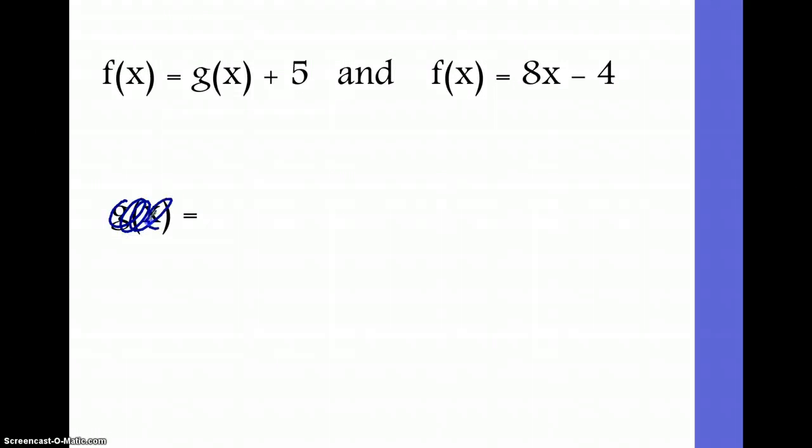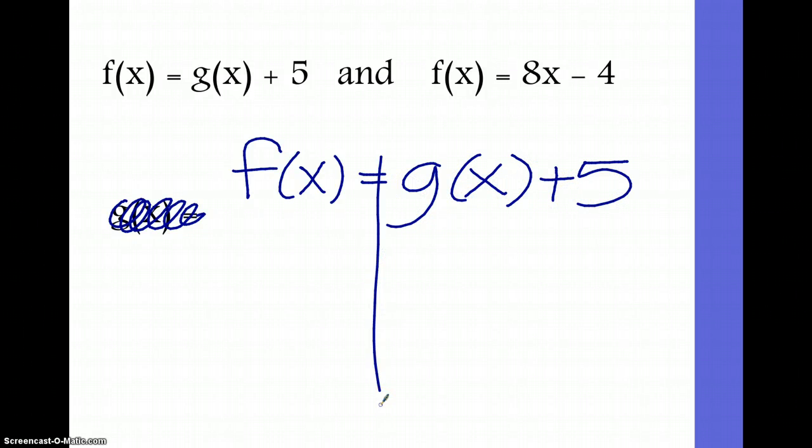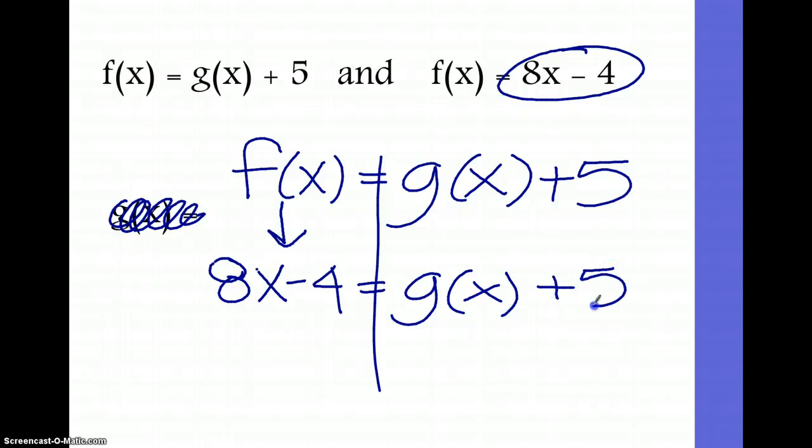Okay, I'm going to write down what we're given. f of x equals g of x plus 5. So on this one, we're given f, which is going to be a little different because f is on this side. And we're going to plug in 8x minus 4, bring down g of x plus 5, and we want to get g of x by itself so that we know the equation of g.